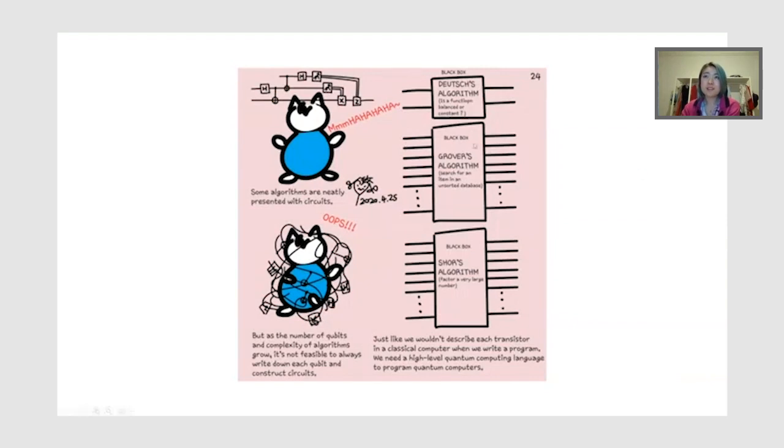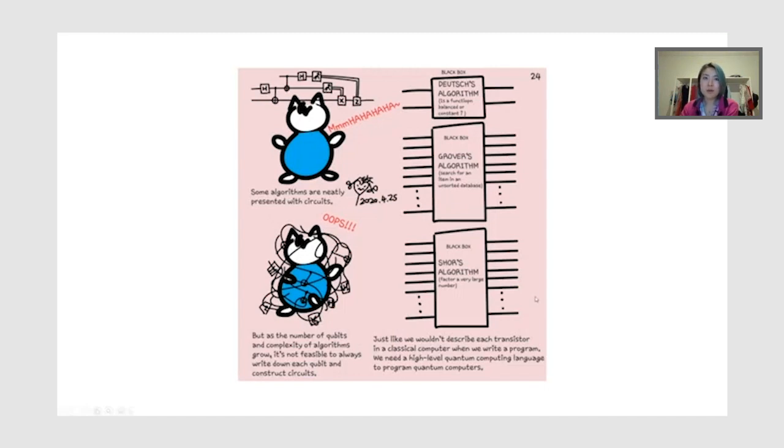So these are some of the most famous algorithms that really build the foundation of quantum computing. We would go into a few of them in the next classes. We can still write circuit representations for them when we pick a small number of qubits. But think about the possibility you have to handle 1,000 qubits to really write something useful. Then it's not really scalable.